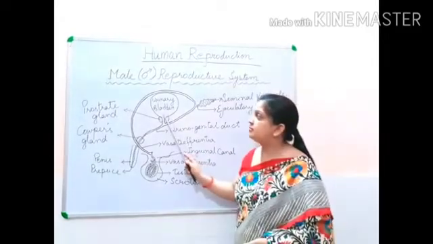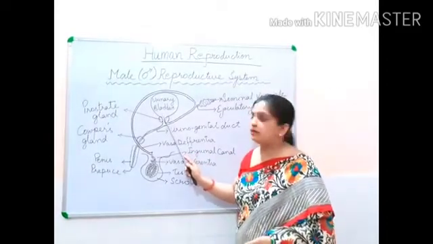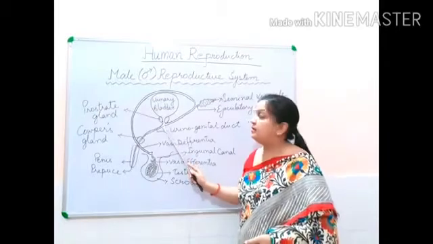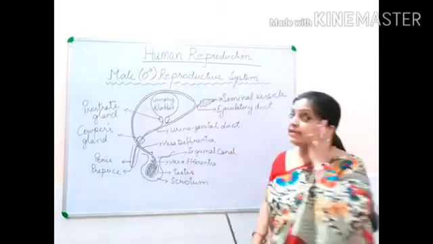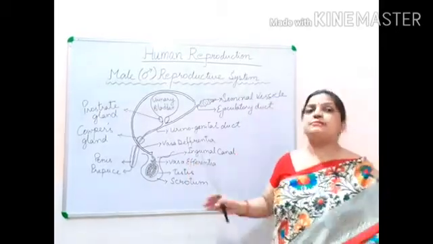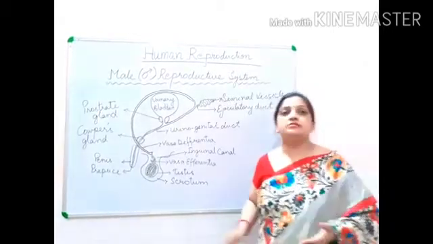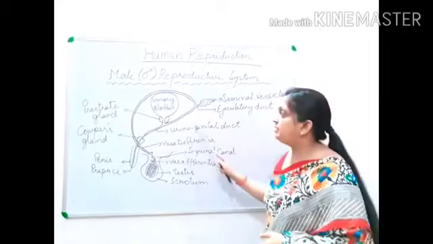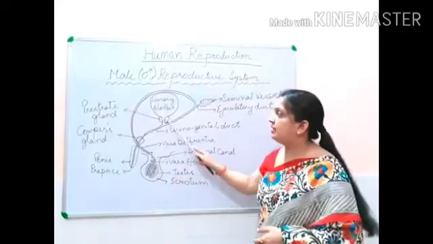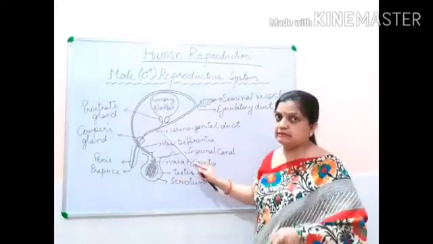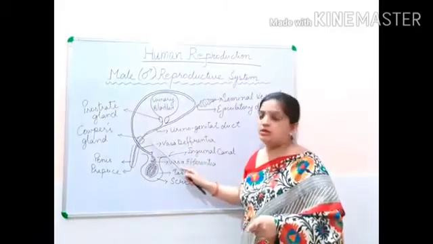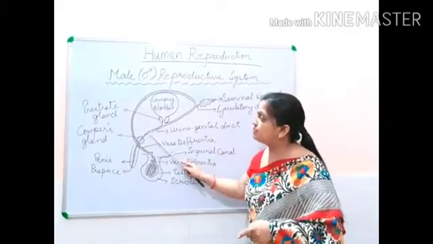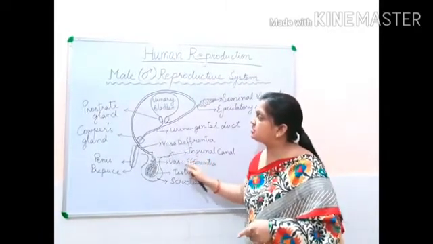In males there are no separate pathways for the release of urine and for the release of sperm. It's only a single pathway. So the release of urine as well as the release of sperm both take place through this duct only.